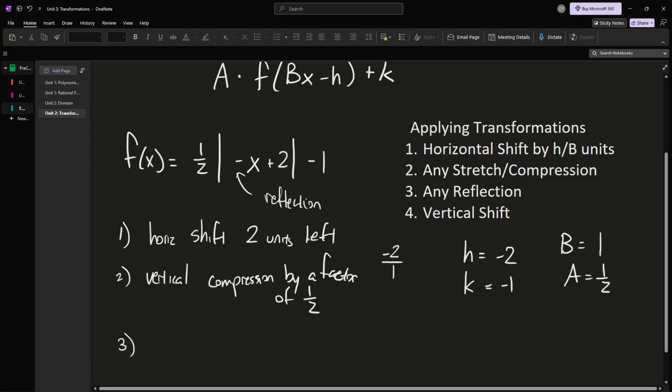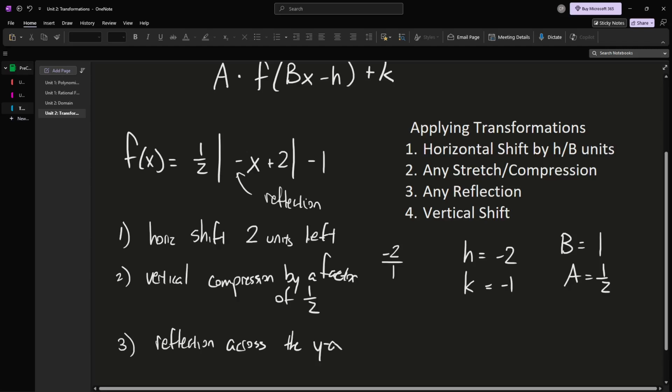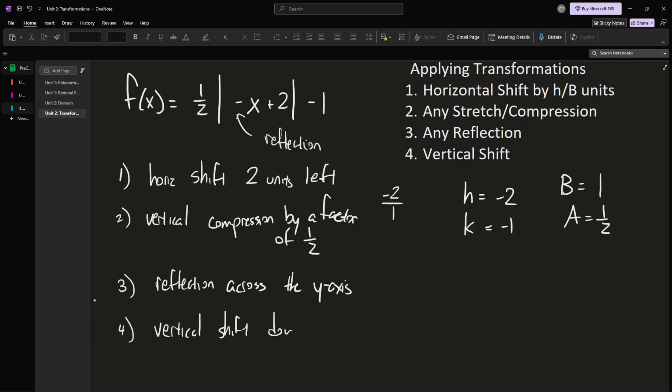I have a negative inside close to my x. So therefore this is a reflection across the y-axis. And now finally vertical shifts. My k is -1. So I have a vertical shift down 1 unit. A lot is happening.